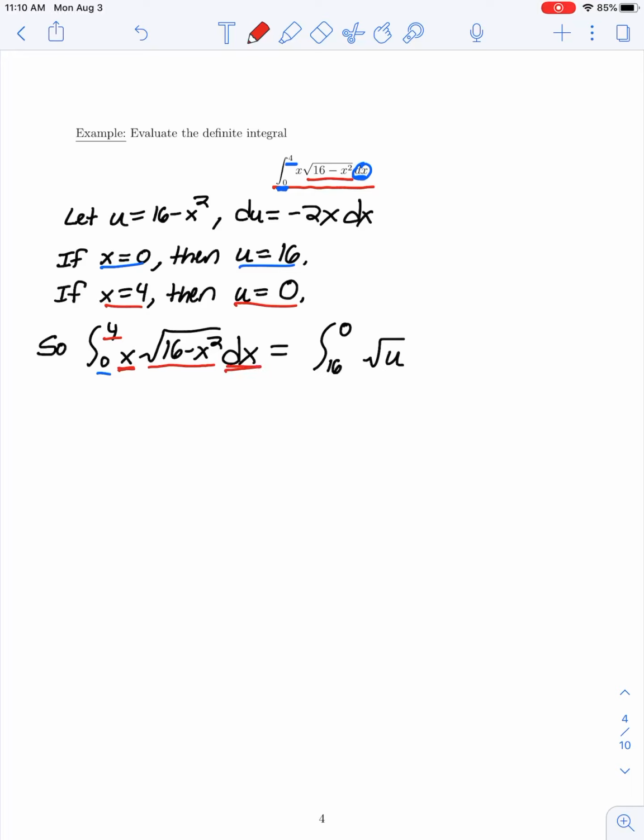So looking at our earlier work, if I solve for x times dx, I would have du divided by negative 2 is equal to x times dx. So here, replacing my x times dx by negative half of du, well, I can pull the negative 1/2 out in front of my integral, and I've got the following. So this is, of course, much nicer than the integral that we were given.